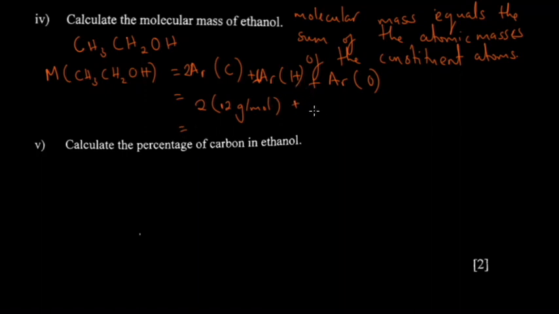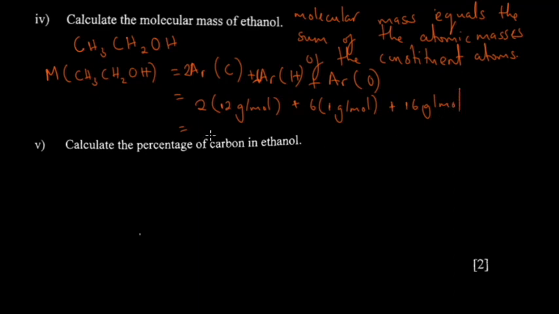So for hydrogen it would be 6 times 1 gram per mole, and for oxygen it's only 16 grams per mole.